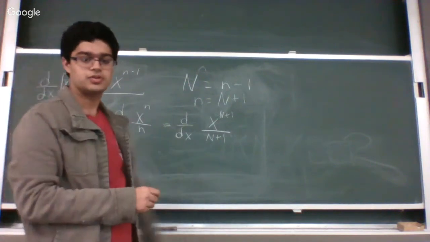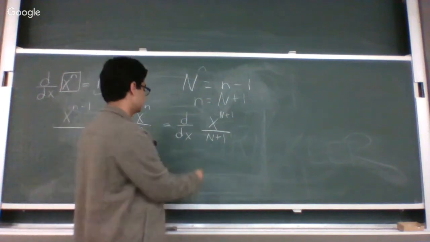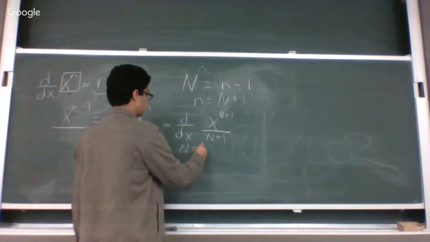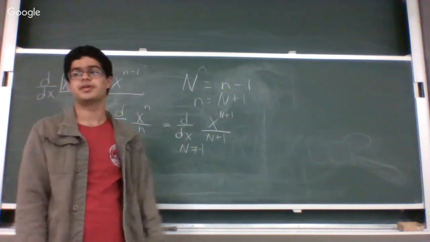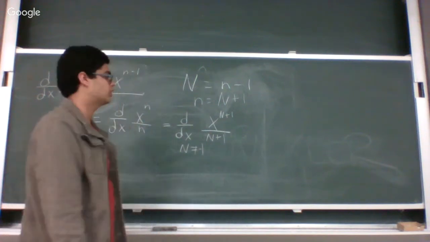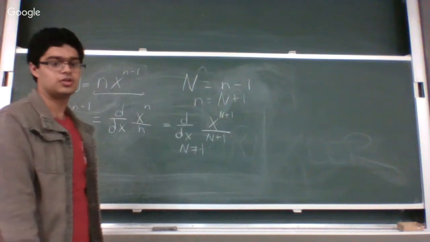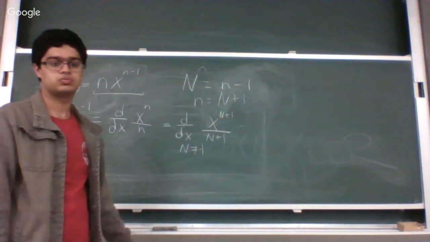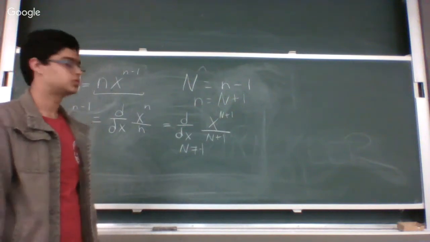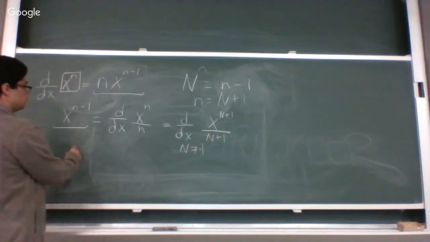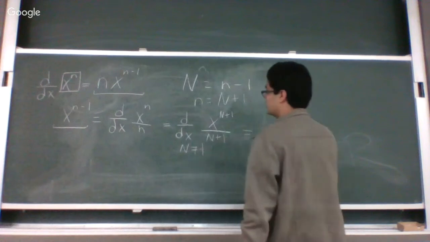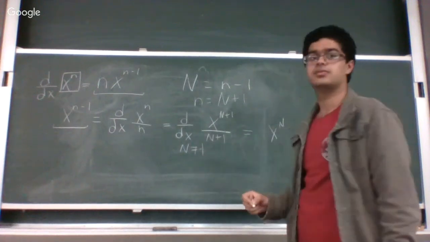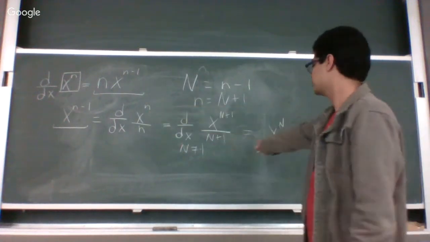We did the substitution. This isn't that important, but n can't equal negative 1 because it's divided by that. So when we do the integral, when you replace the little n with this, it is also equal to x to the big N. Now the other side is equal to x to the big N.